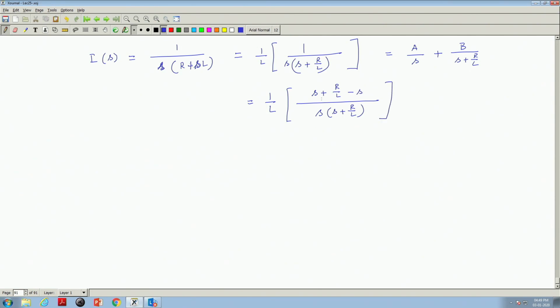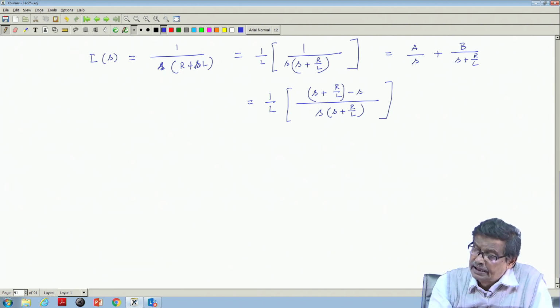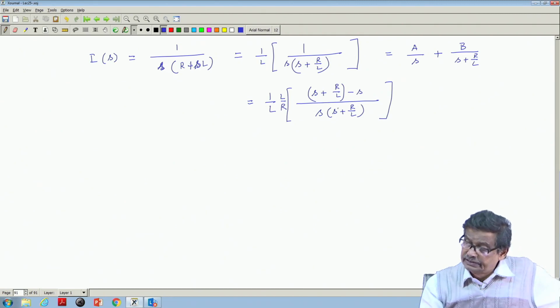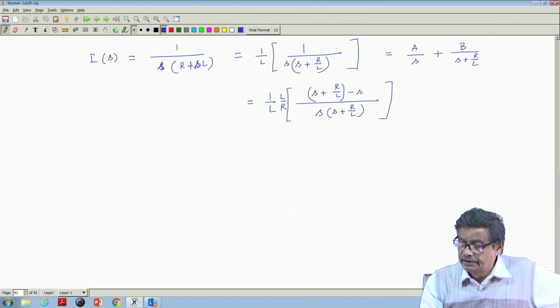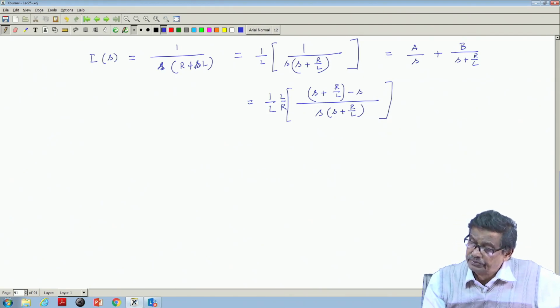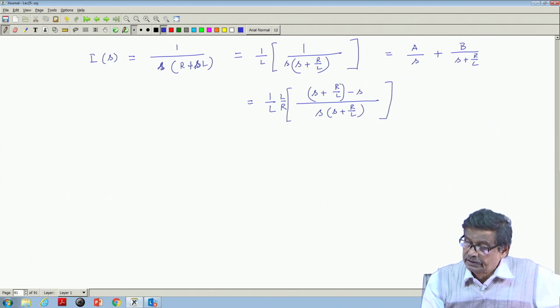So you do it like this, and then there is no R by L also on the top. So multiply this thing with L by R, got the point? So this and this are one and the same. If you just manipulate this, S S goes, and R by L multiplied with L by R will give rise to 0 here, got the point?